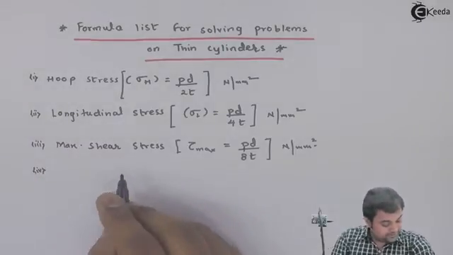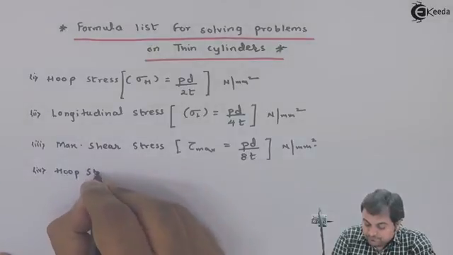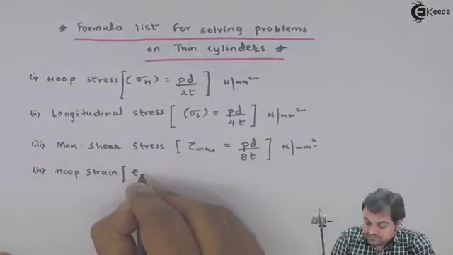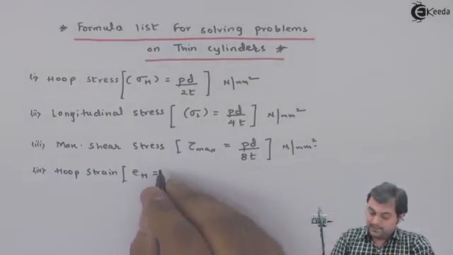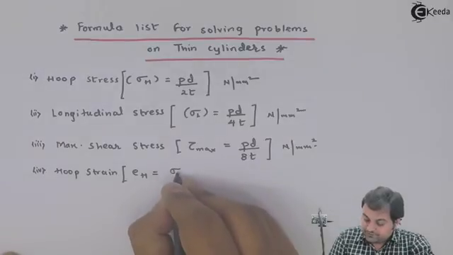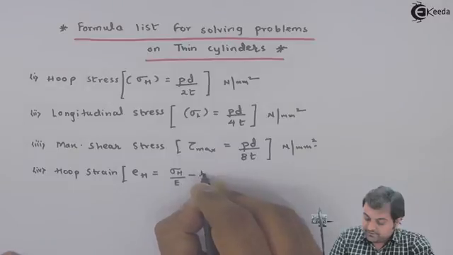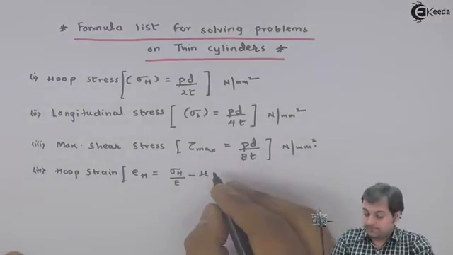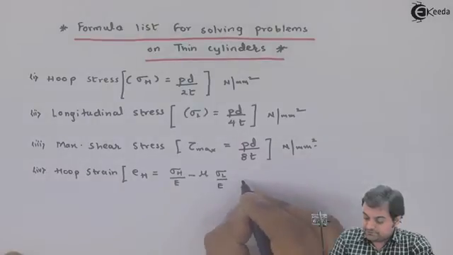Apart from these formulas, we have hoop strain, that is E suffix H, which in simple terms is hoop stress divided by Young's modulus minus mu, that is Poisson's ratio, into longitudinal stress upon Young's modulus.